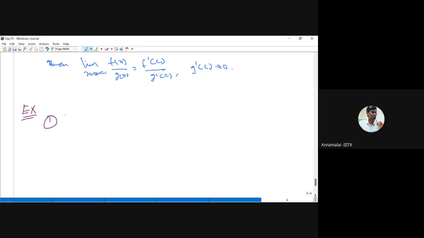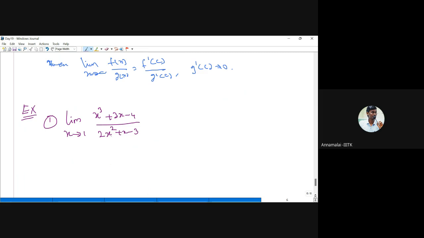The first one: find the limit as x goes to 1 of x cube plus 3x minus 4 by 2x square plus x minus 3. The numerator function is f of x. If we substitute x equal to 1, we get 0.